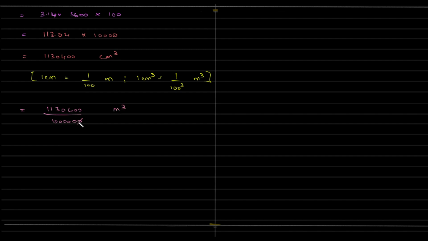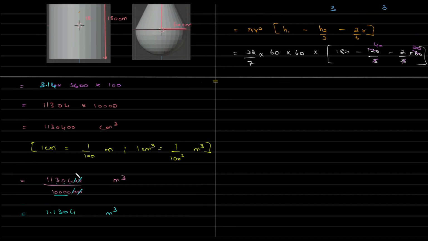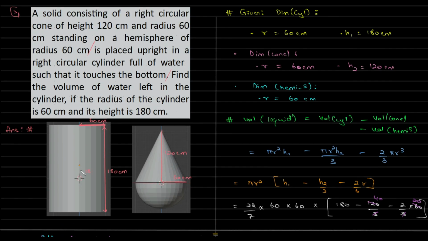So we have 1, 2, 1, 2, 3, 4, 1, 2, 3, 4. So 1.1304 meter cube. This is your answer, right? So you can pause and have a look at the answer.